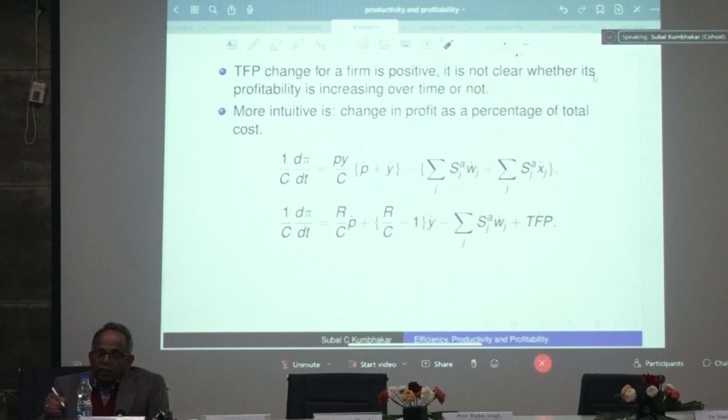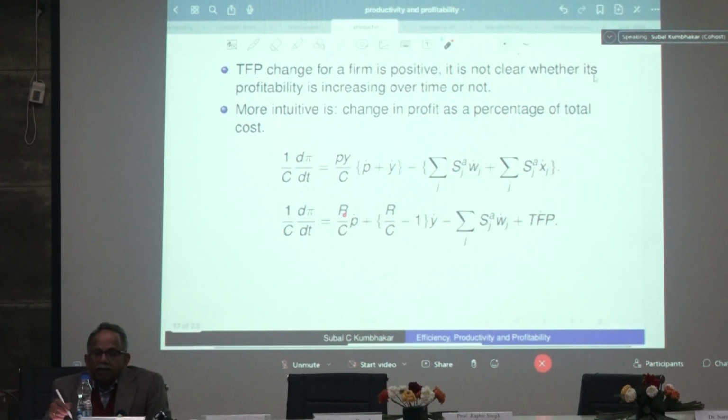And the other thing is that, look, I showed you that TFP change requires econometric estimation, okay? Because you are interested in the components. The additional components that you get in here are coming from the data. There is no econometric component in there.